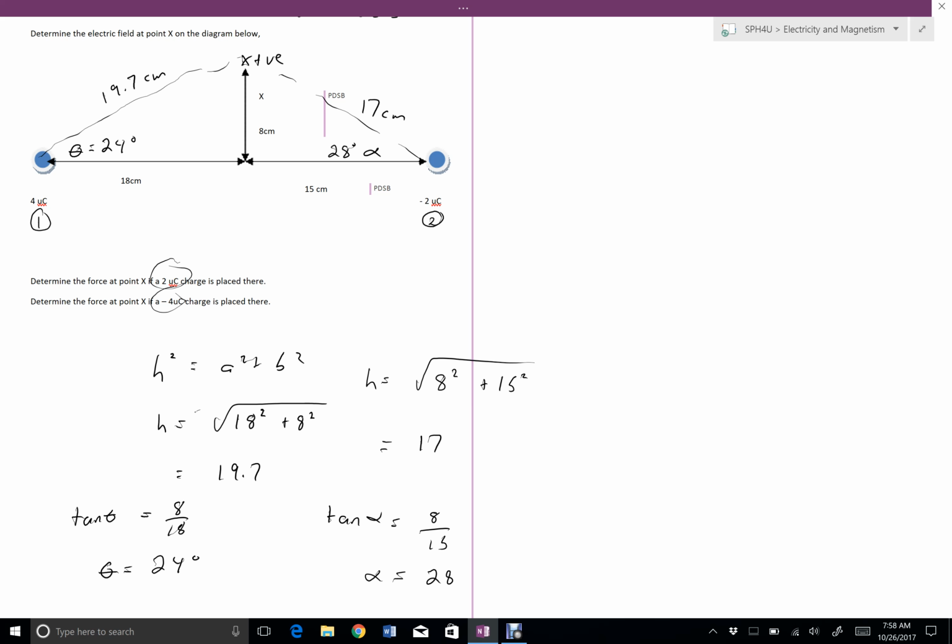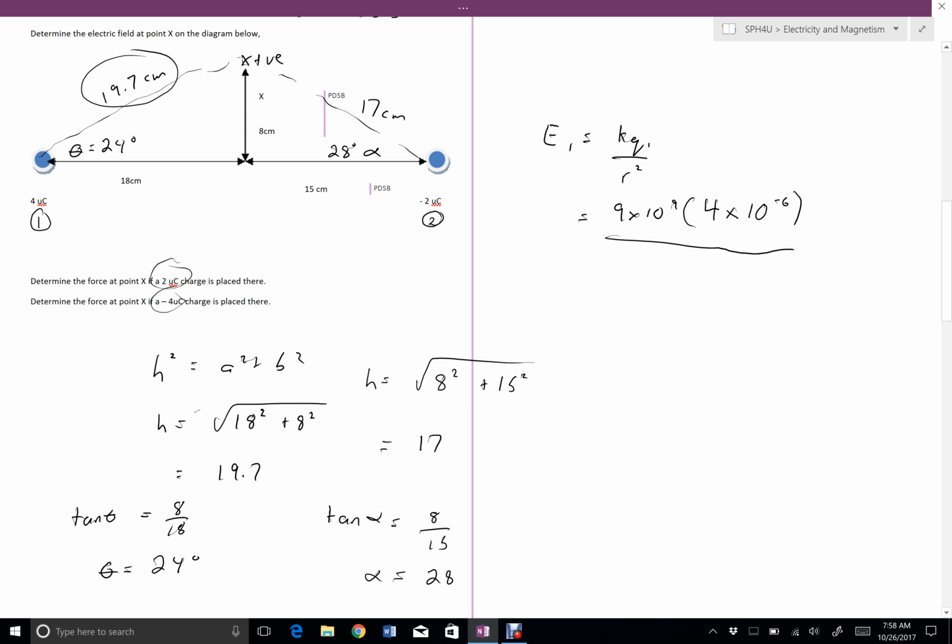Now I'm going to use the electric field formula to determine the electric field at point X. I'm going to do each charge separately, so I'll do E1, which will be kQ1 over r squared, or 9 times 10 to the 9. The charge there is 4 microcoulombs. So 4 micro means times 10 to the negative 6. Divided by that separation distance.